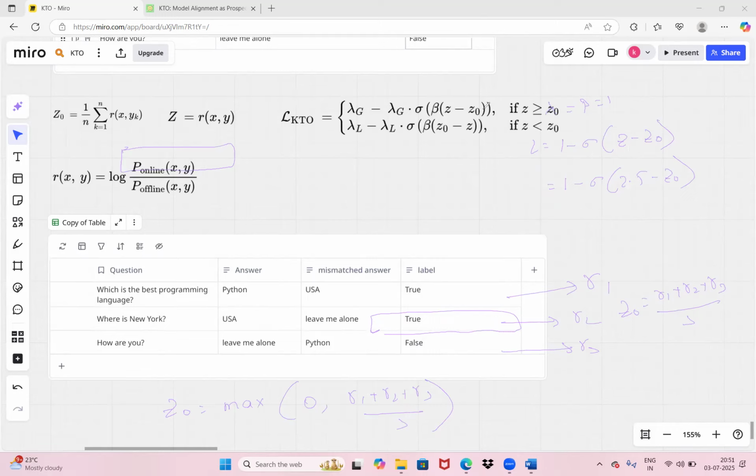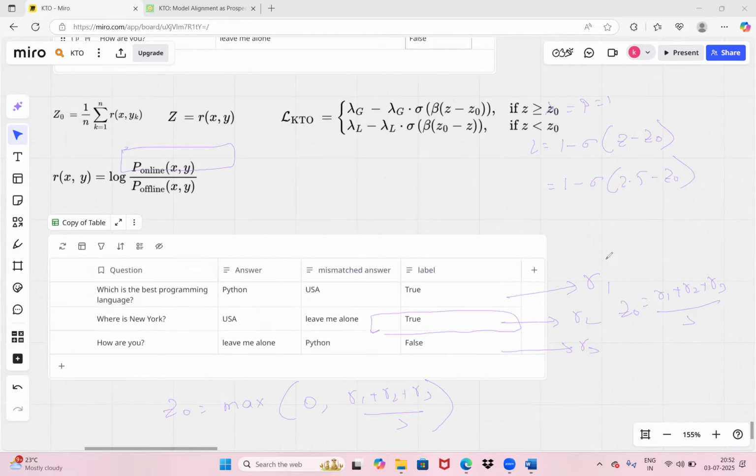it's enough for the z value to be slightly above z naught. Though my answer is not so great, my z value will be slightly lesser, right? If you have a great question answer pair, then my reward will be very, very high. If you have a not so great question answer pair, my z value will be slightly lesser.